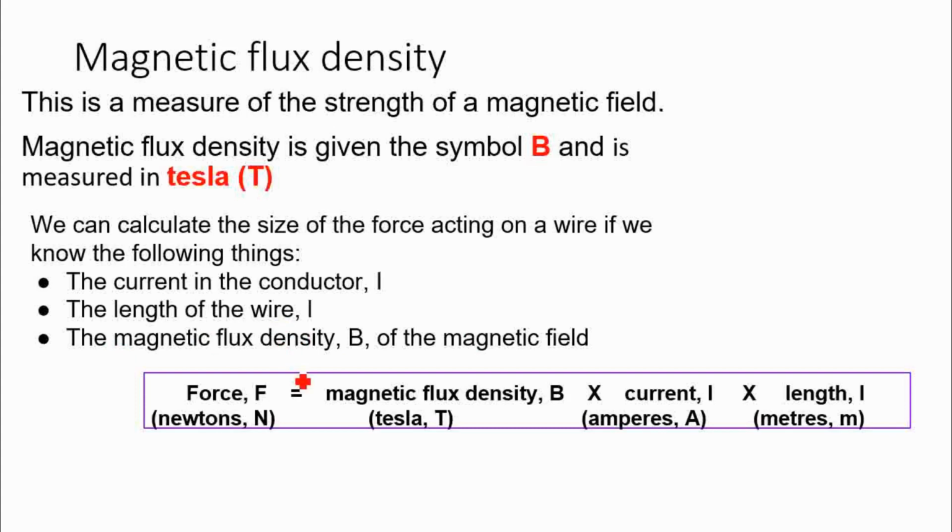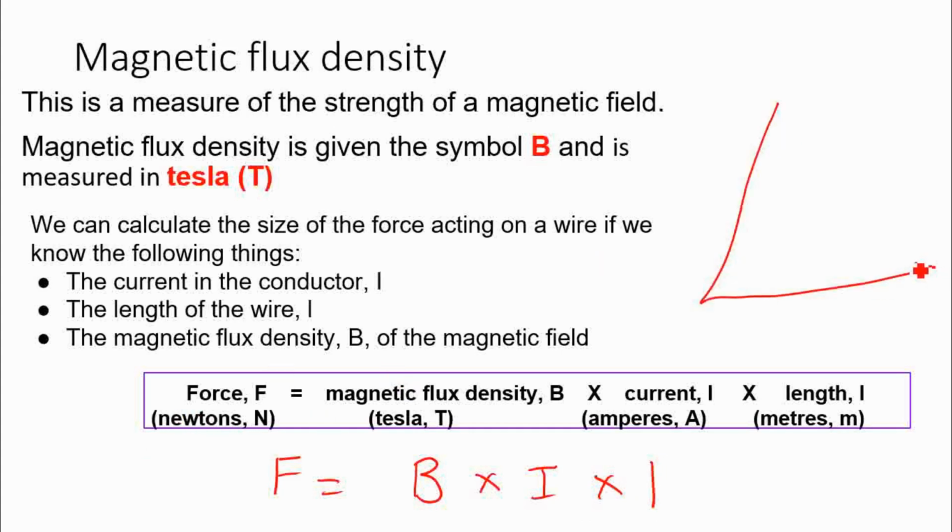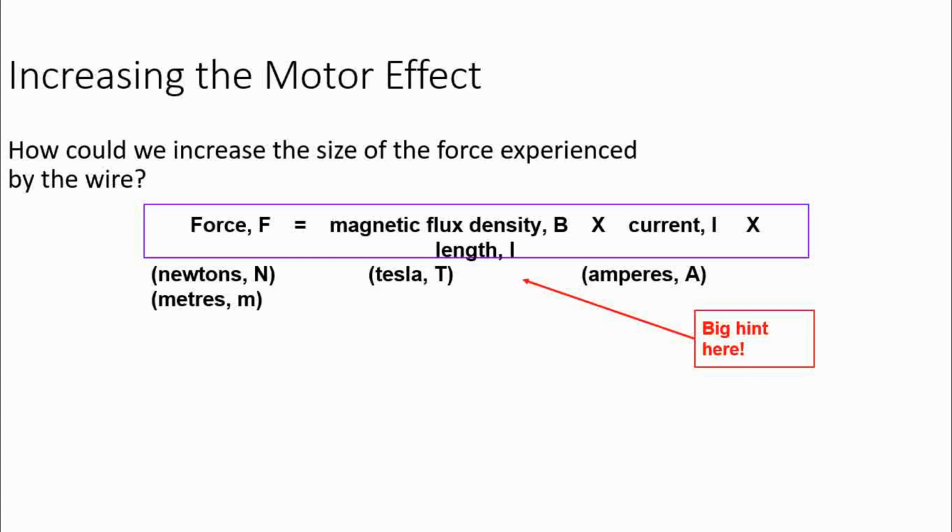Therefore, we use the formula F equals B times I times L. But the good thing about it is that you will have the formula sheet in your exam. Make sure you know your units, very very important. And if you want to put that into a formula triangle, you definitely can: F at the top, B, I, and L. So make sure you know your units.